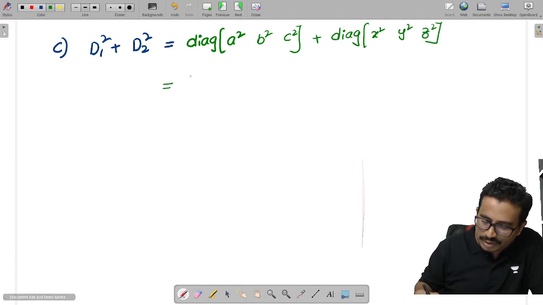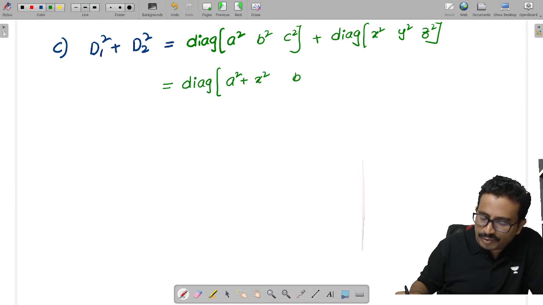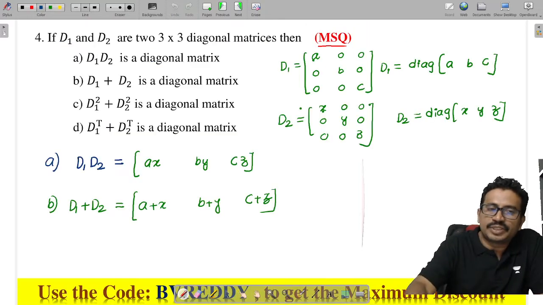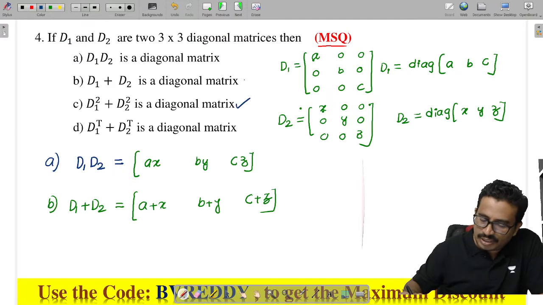By adding these two, I will get the diagonal matrix of a square plus x square, b square plus y square, c square plus z square. Done. Next. So here option C is also correct.